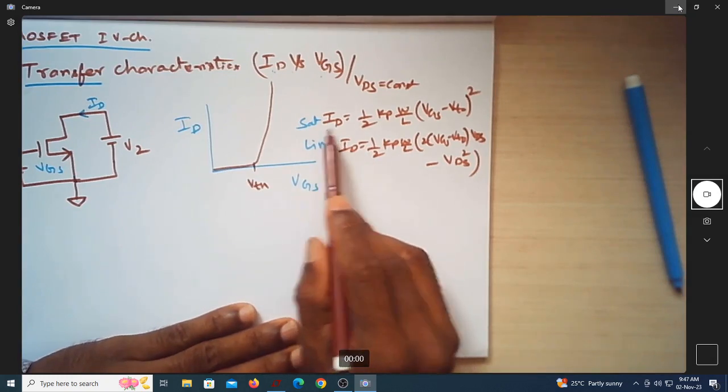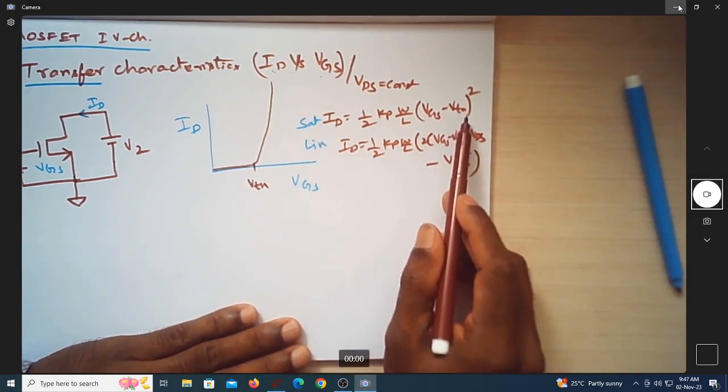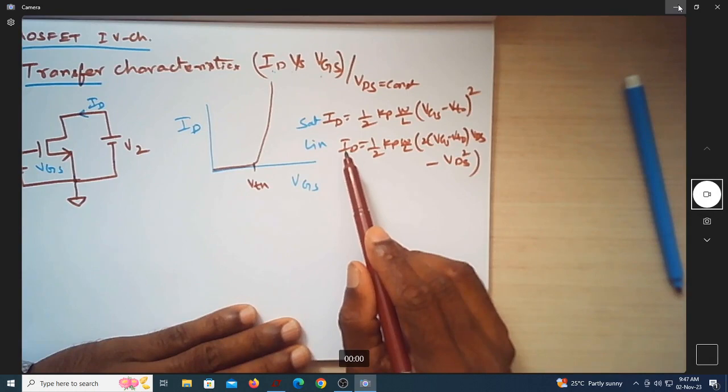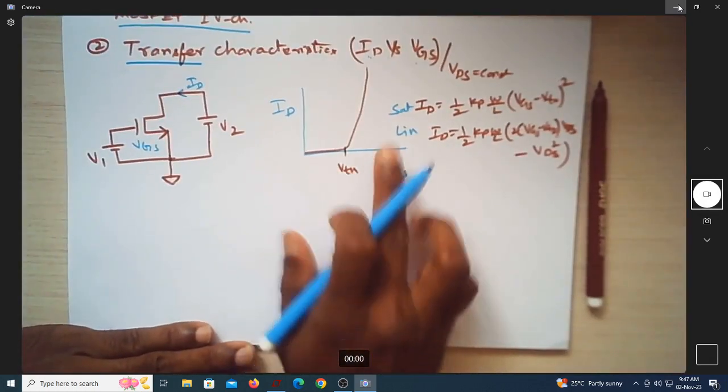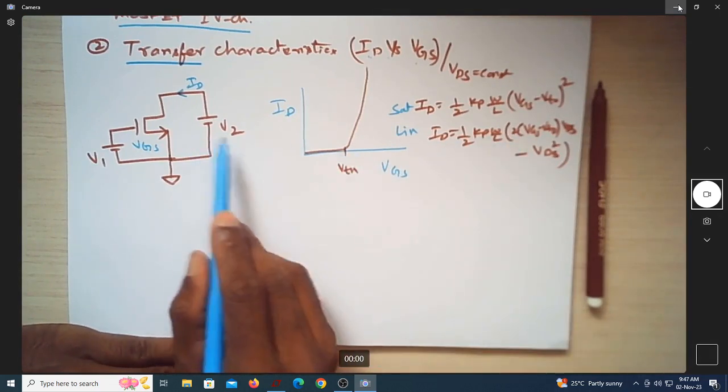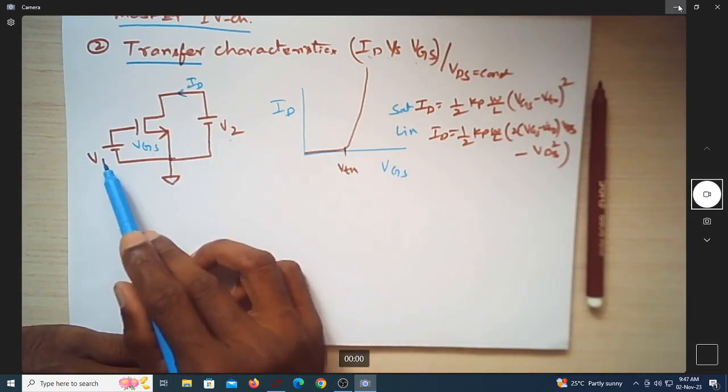If you can see, in the saturation region the current is independent of VDS, whereas in the linear region it depends on VDS. So in this IV characteristics, we are keeping VDS constant and we are varying VGS.